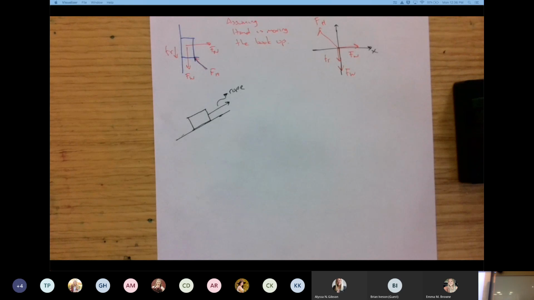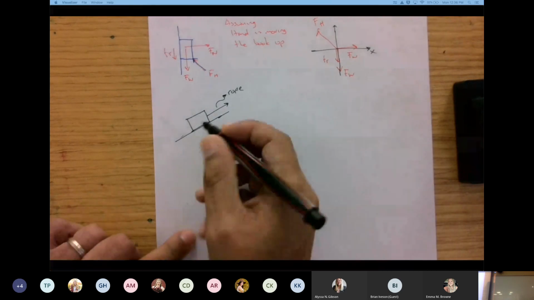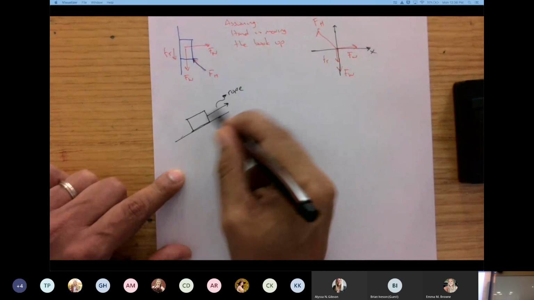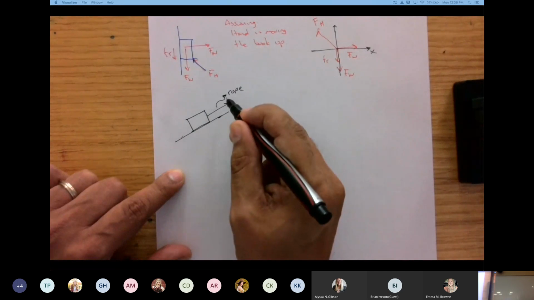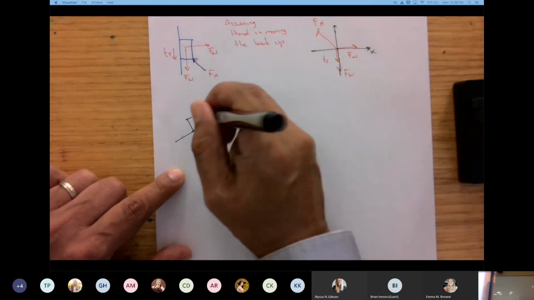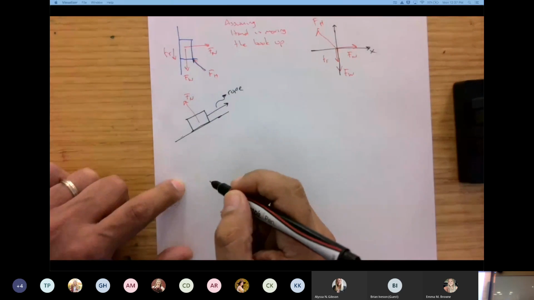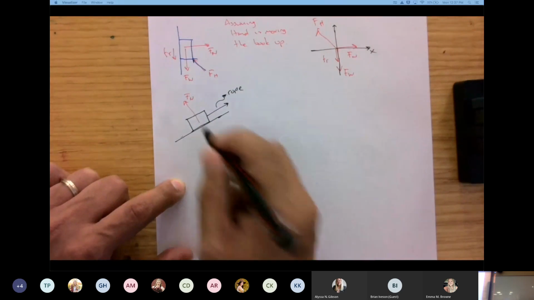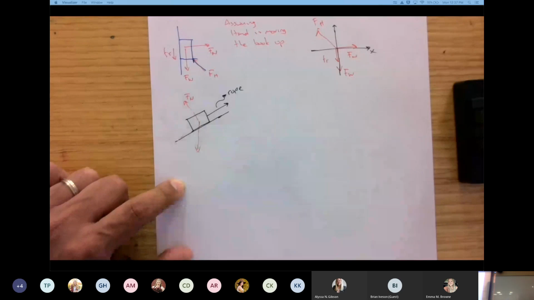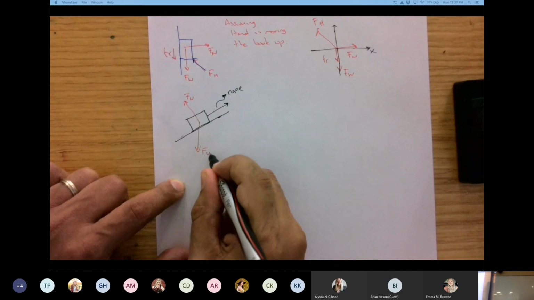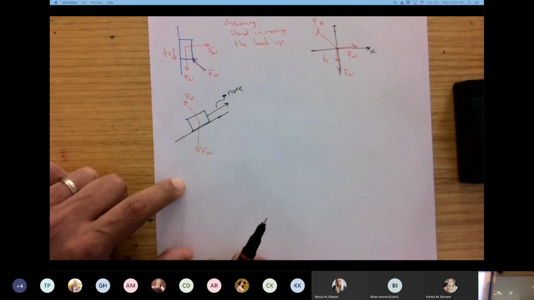Normal force, like this way? No, perpendicular to the plane. There you go. Normal force. What else? We have the weight going down. Not perpendicular, just going straight down. Sarah.